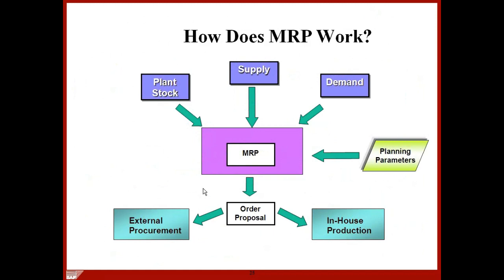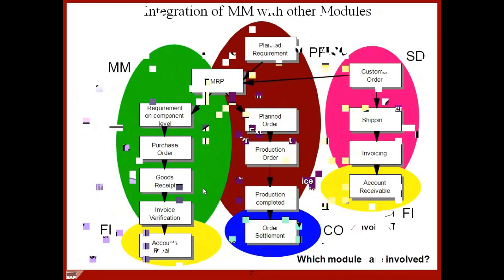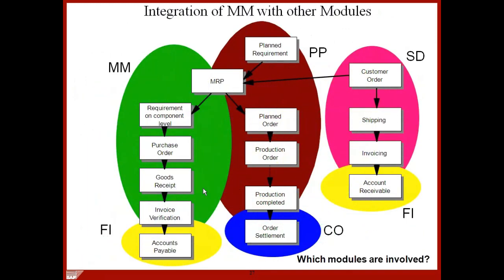Then we will see how an MRP works, we will see the service flows, we will see the integration points when you work with MM, the valuation, okay, that is called MM-FI integration.